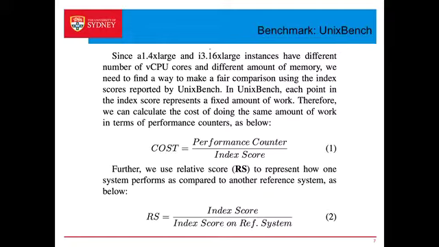Therefore, we can calculate the cost of doing the same amount of work in terms of performance counters. This is described in equation 1. Further, we use relative score to represent how one system performs as compared to another reference system. This is described in equation 2.